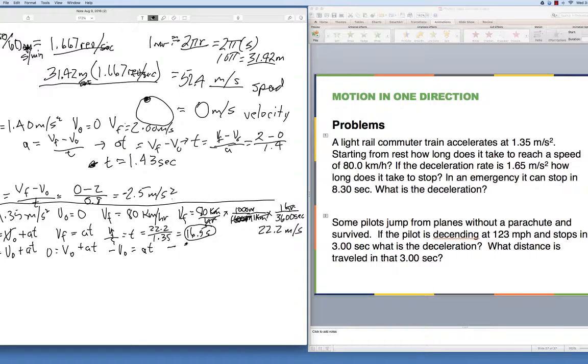So that is minus 80, because that's where it's 0, is equal to A, which is minus 1.65, times T. And so we take 80 divided by 1.65, and that gives us the answer T is equal to 48.5 seconds. Okay?